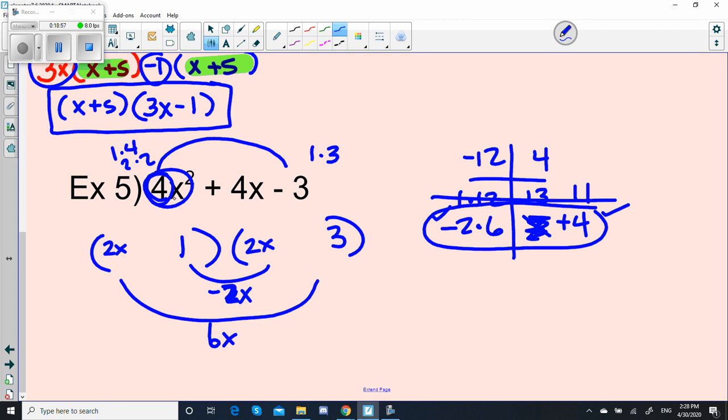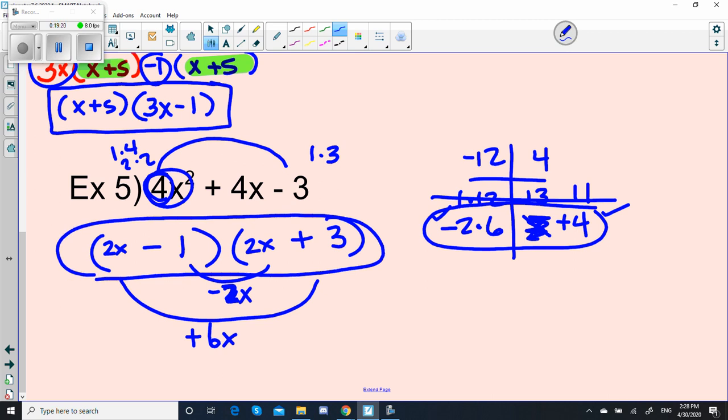And they do. So now let's check to see if it works. So 2x times 3 is 6x, and it's supposed to be a positive 6x. That means that 3 is supposed to be positive. And 1 times 2x is 2x, and it's supposed to be negative, so I'm going to put a minus there, and that will take care of it. So this is the answer.